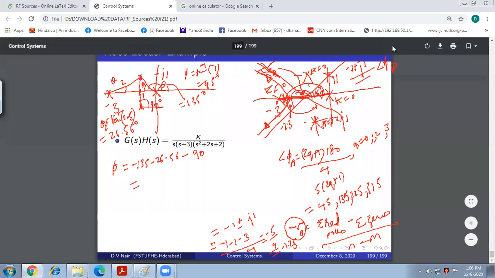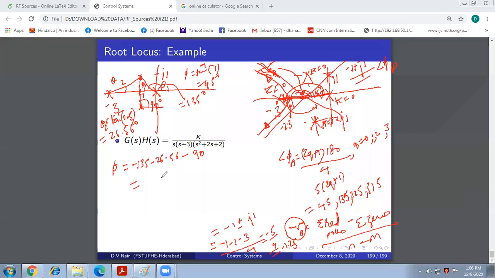Now on summing up, it comes out to be minus 251.56. This is the total angle made at the minus 1 plus j1 pole by the remaining poles and zeros. So the angle of departure phi p would be 180 plus this, that is minus 251.56.